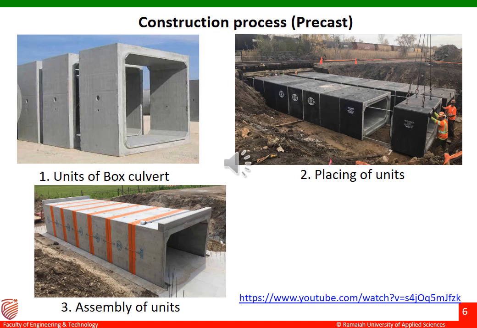The answer is, you can construct this complete box culvert with a single unit, but the problem is, do you have a transportation facility for that much bigger size culvert? You know that you have to construct it somewhere else, and then bring it to the site by trucks, lifted from the truck using a crane, and then placed properly.